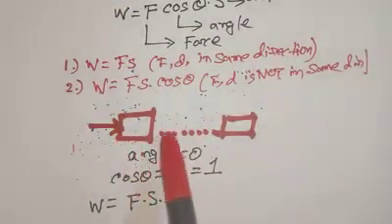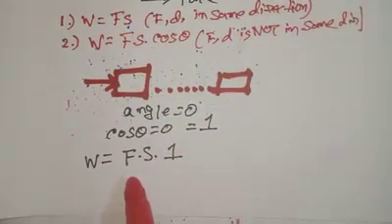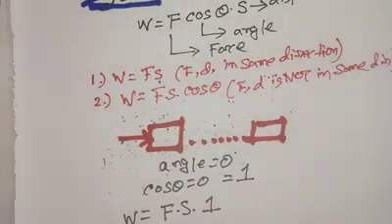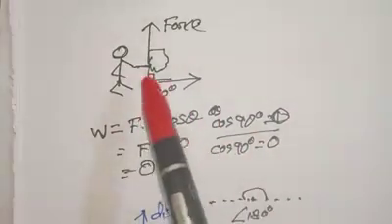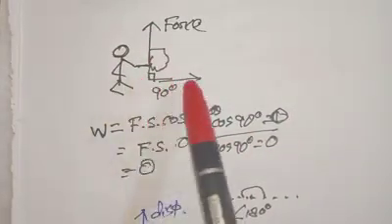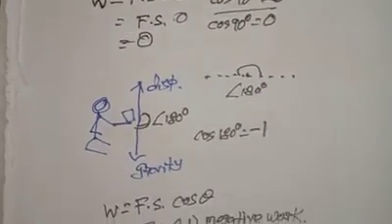If the force and the displacement are in the same direction, there is no angle which is being formed, so we find that cos theta equals 1. We have shown another example where the force is in this direction, the person is moving in this direction, so cos of 90 equals 0, so there is no work done.